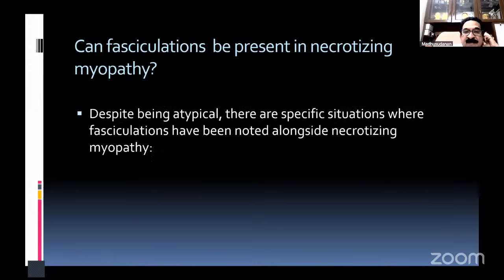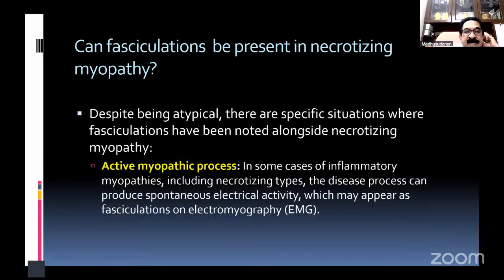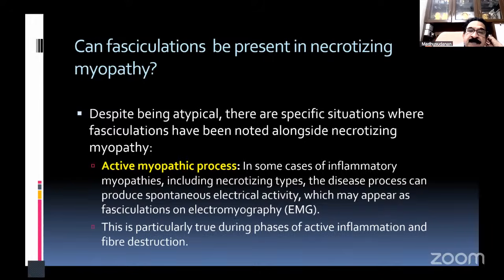Despite being atypical, there are specific situations where fasciculations have been noted alongside necrotizing myopathy. There is an active myopathic process. In some cases of inflammatory myopathies, including necrotizing types, the disease process can produce spontaneous electrical activity, which may appear as fasciculations on EMG. This is particularly true during the phase of active inflammation and fiber destruction.